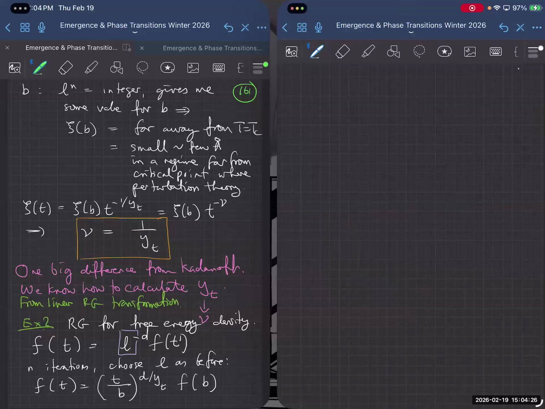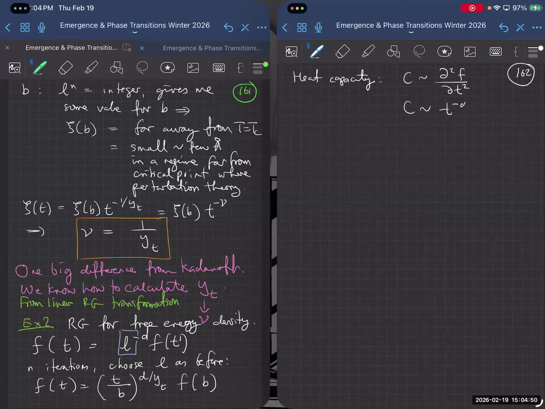If I want the heat capacity, C is basically twice the derivative of the free energy. We know that C scales as T to the minus alpha.